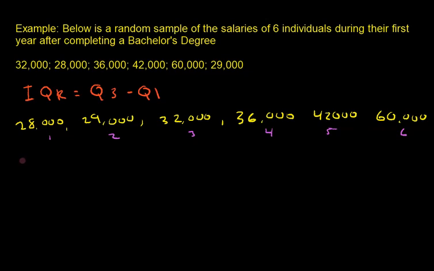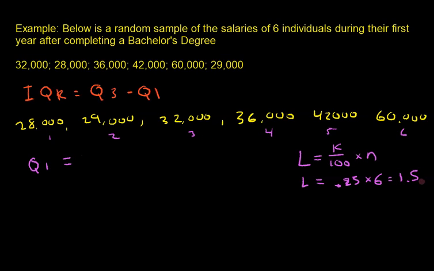So I'm going to go ahead and start with the first quartile. That's the 25th percentile. So I'm going to use this equation, K over 100 times N, right? So this would be 25 divided by 100, which is 0.25 times 6, so that would be 1.5.